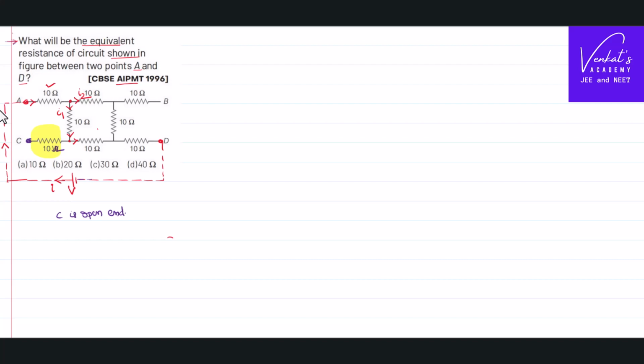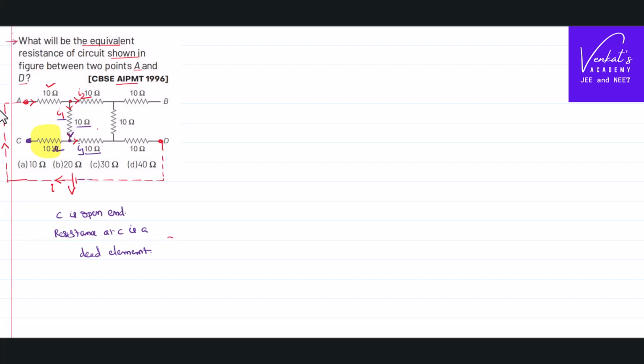So, what I can say is, the resistance at C is a dead element of the circuit and no current flows through that. So, the entire I after reaching this junction, no current goes towards C, it is completely going to this 10 ohms. If you notice, this 10 ohms and this 10 ohms have the same current through them.